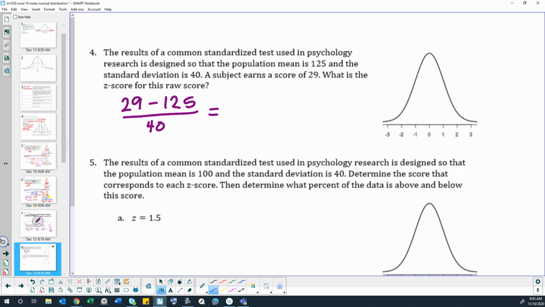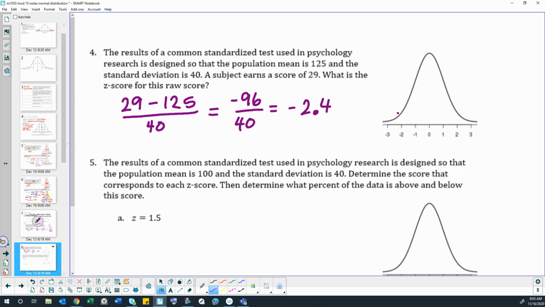Okay, so math here, let's see, 29 minus 125. I'm cheating by looking at my completed paper. I got negative 96, what do you guys think? Got it too. Perfect, and then we're going to divide that by 40, and go in twice and a little bit. What's our z-score? Negative 2.4, excellent.